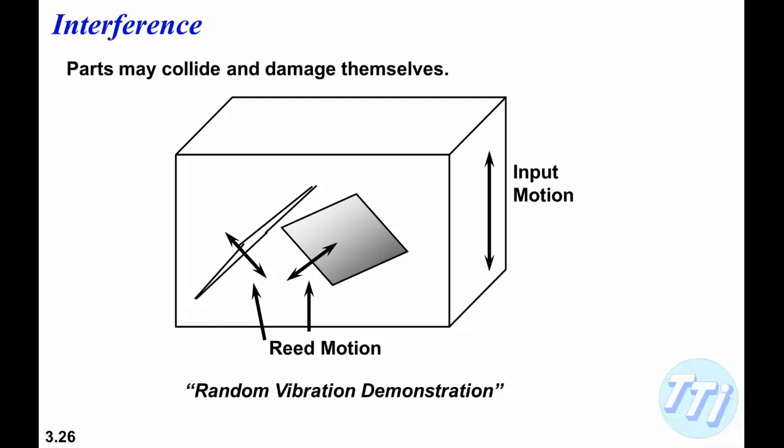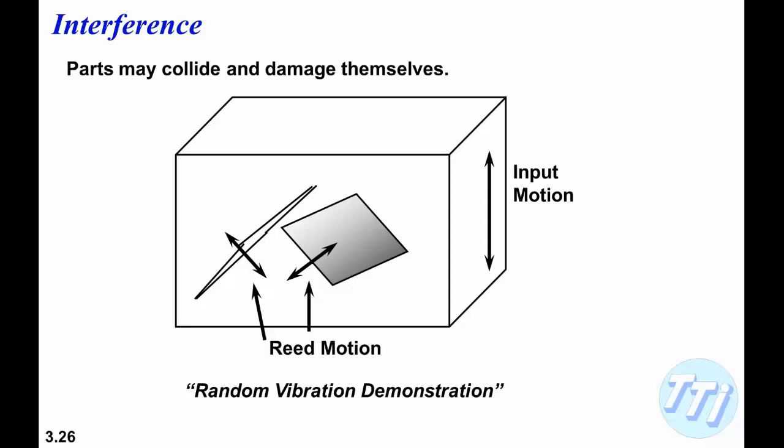We didn't have any interference. However, when the experiment was run with random, we got hitting on a fairly regular basis because there were frequency components in the test that excited both of the beams. So there's a couple of important points here.